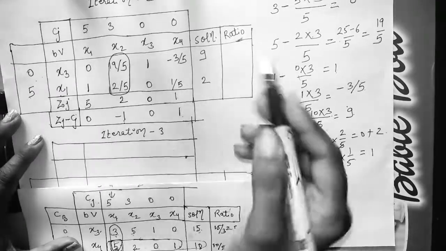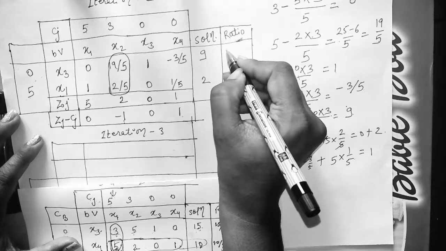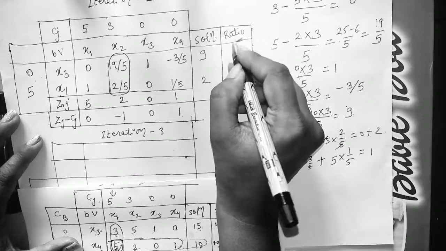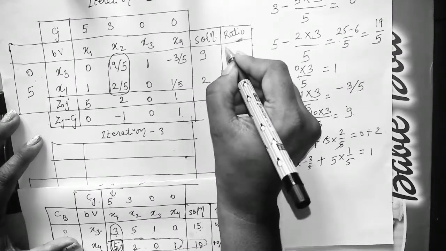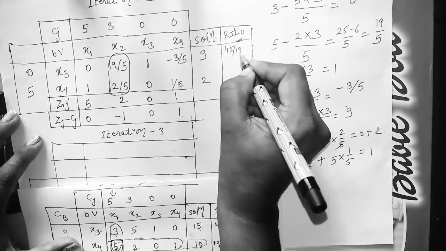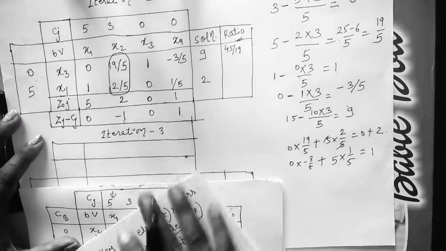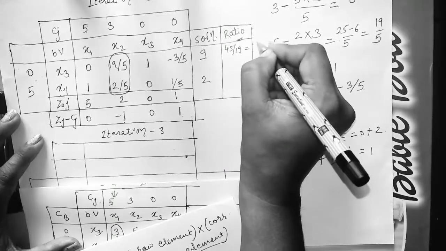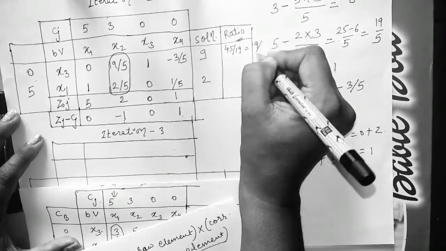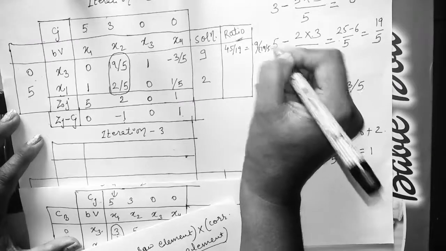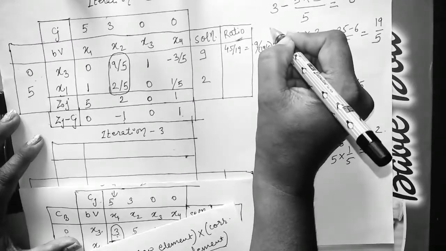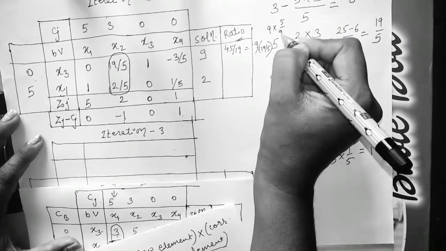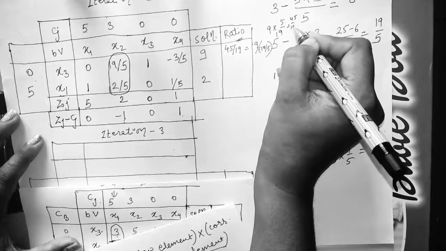This is the ratio, 9 upon 19 upon 5. So this will be 9 into 5 upon 19, which is equal to 45 upon 19.